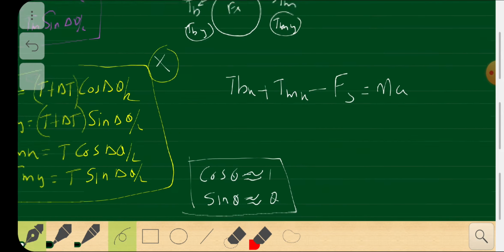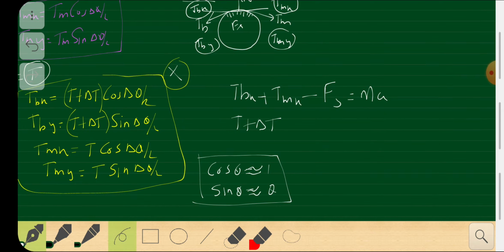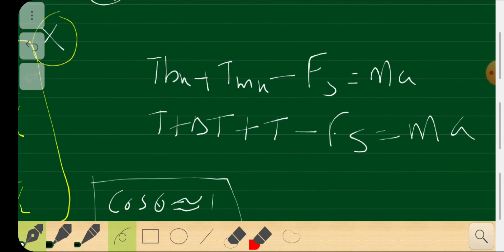In this equation, TBx will be T plus delta T times cos of a small angle, that is 1, plus TMx, which will be T cos delta theta by 2, that will also be T, right? So T minus fs must be equal to some ma. I just simplified that.